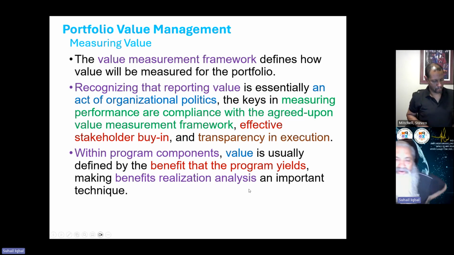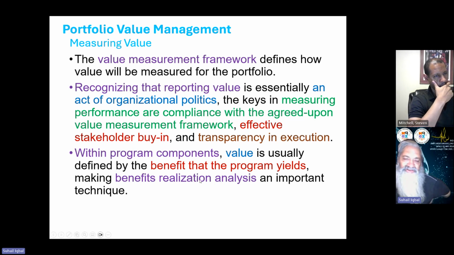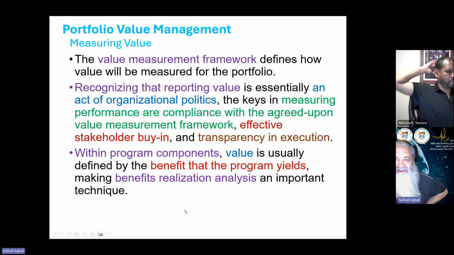So all that plan for the program was the benefit management plan or benefit realization plan. Benefit realization analysis is part of that, which is an important technique. And if benefits are being realized, then the value will be generated, right? This directly associates with the value generation.